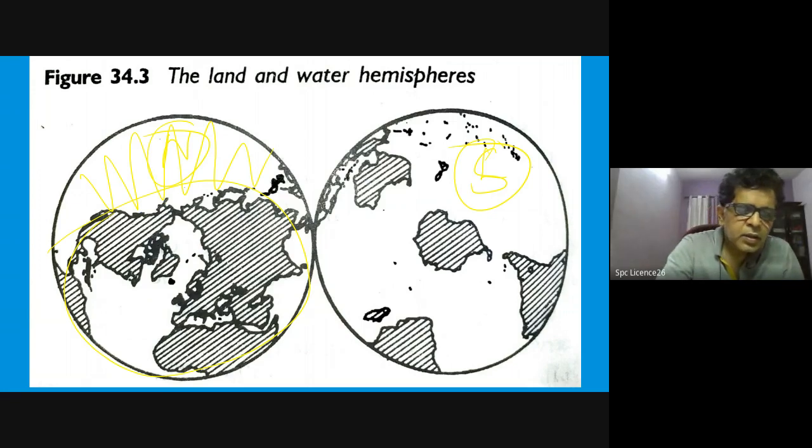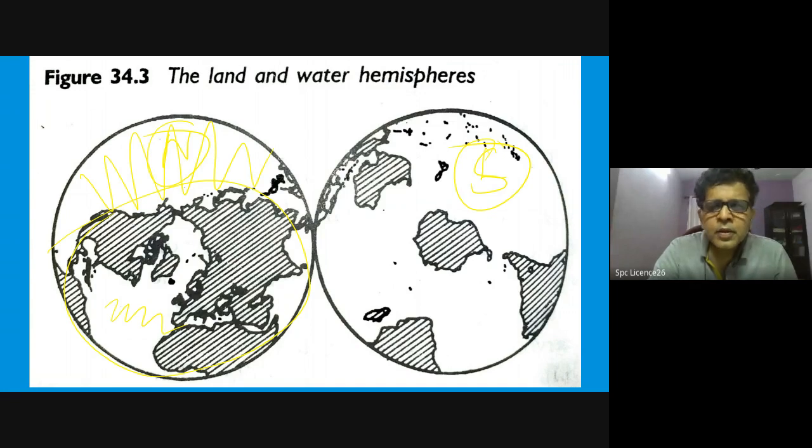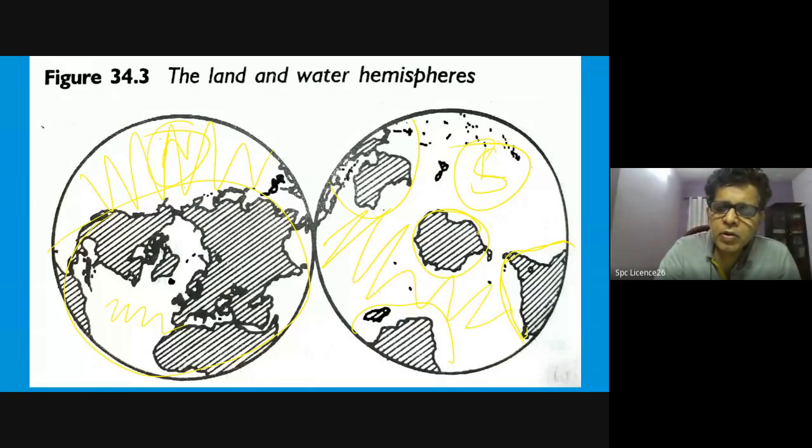This, of course, is the Atlantic Ocean, relatively small as compared to the Pacific Ocean. As against this, in the southern hemisphere you have the Antarctic continent in the center, and you have the southern portions of the African, the South American, and of course the Australian continent exclusively. And the rest of the area tends to be occupied with a lot of water as such.